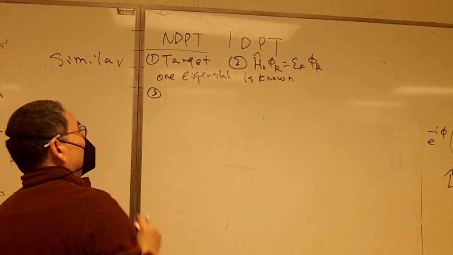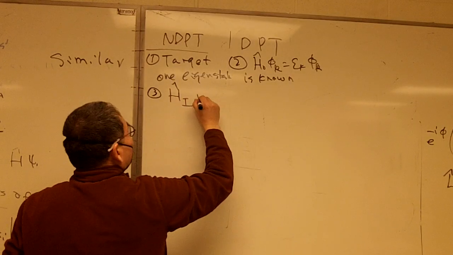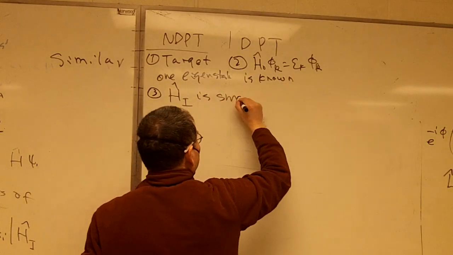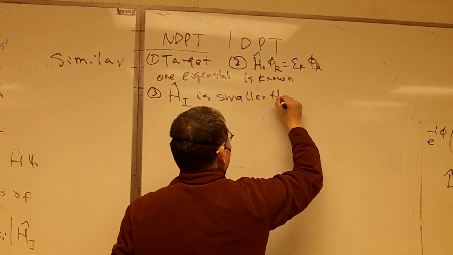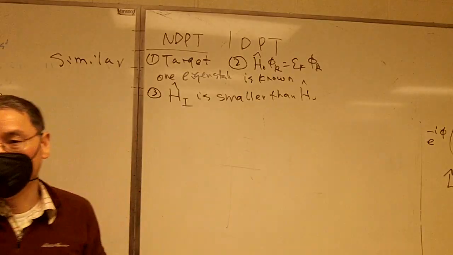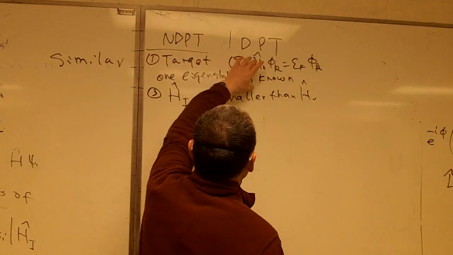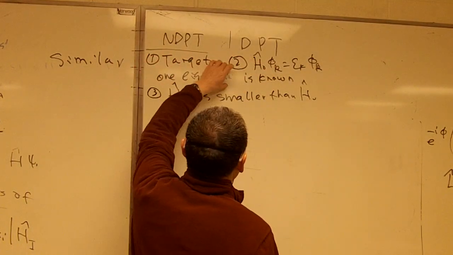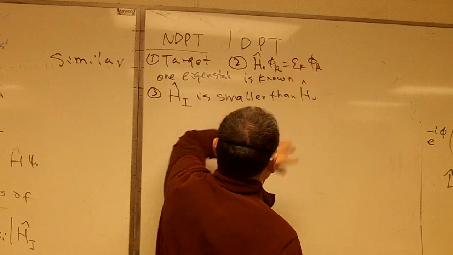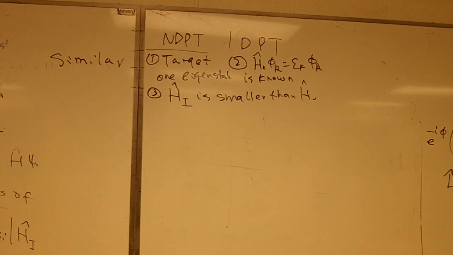Number three, the perturbation part is smaller, sometimes much, much smaller than H0. So again, there are three things that are exactly the same: the target is one eigenstate, the unperturbed solution is known, and the perturbation is smaller than H0. So that's the similarities.